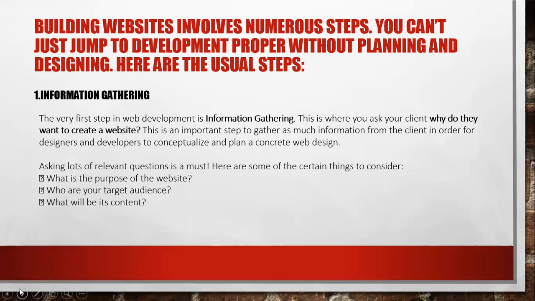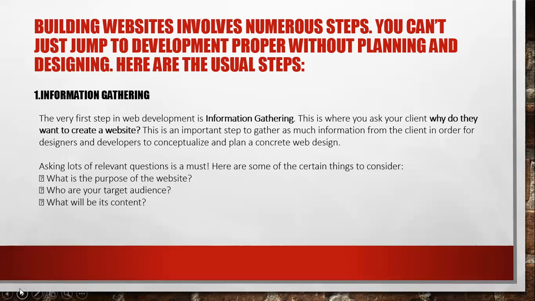The next will be, what will be its content? Is the content for kids? Is the content for business? Is the content for marketing? So don't forget that when you are creating a website, information gathering is very important.